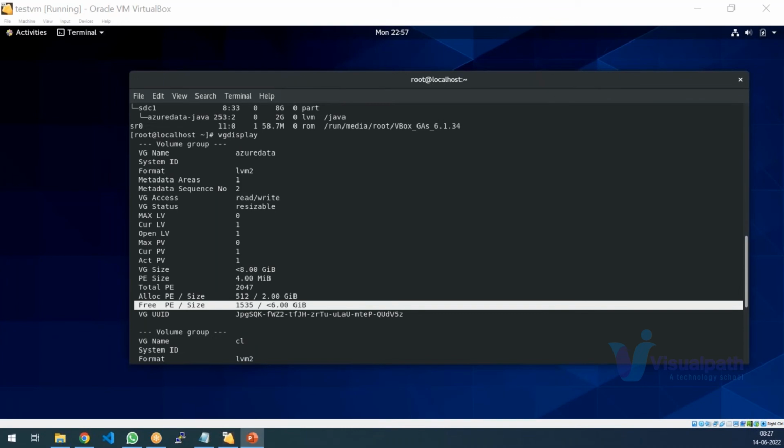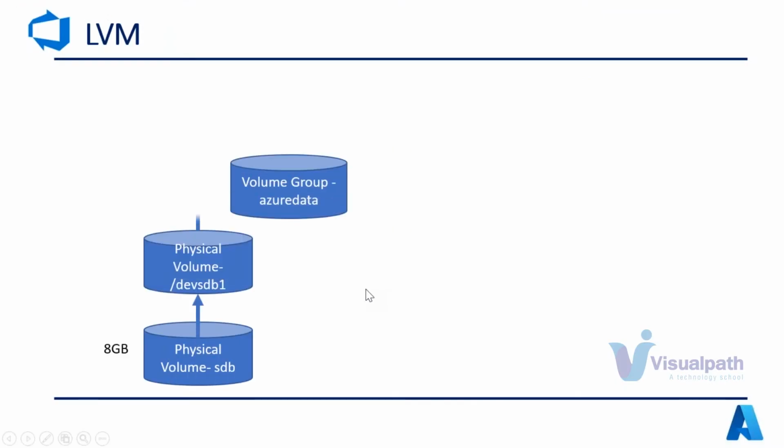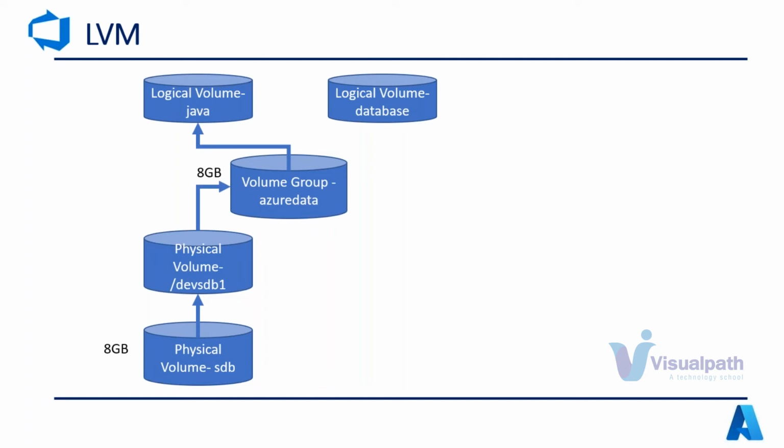Azure data, and then we created a volume called Java, database. So we have created one volume group called Azure data, and then we created one logical volume called Java and mounted it to Java folder.